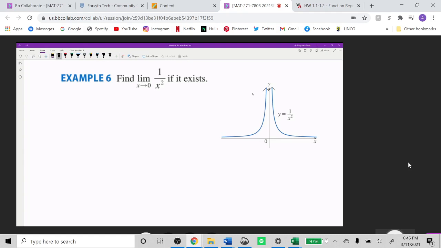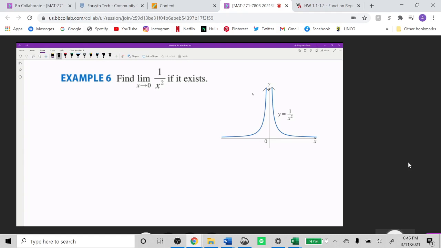We're essentially saying that the limit does not exist here because there's a vertical asymptote that's causing my y values to increase without bound. Or just simply that my y values increase without bound as my x values get close to 0. We're also not treating infinity like a number here.